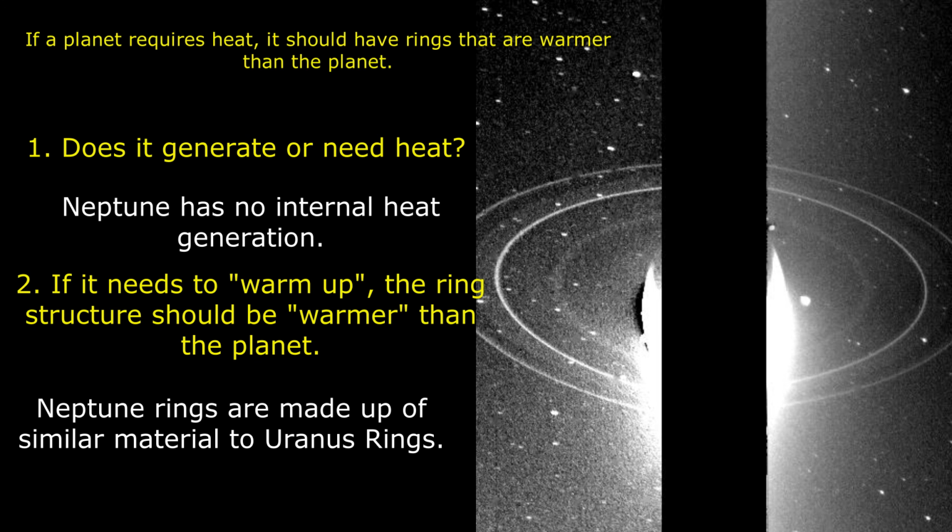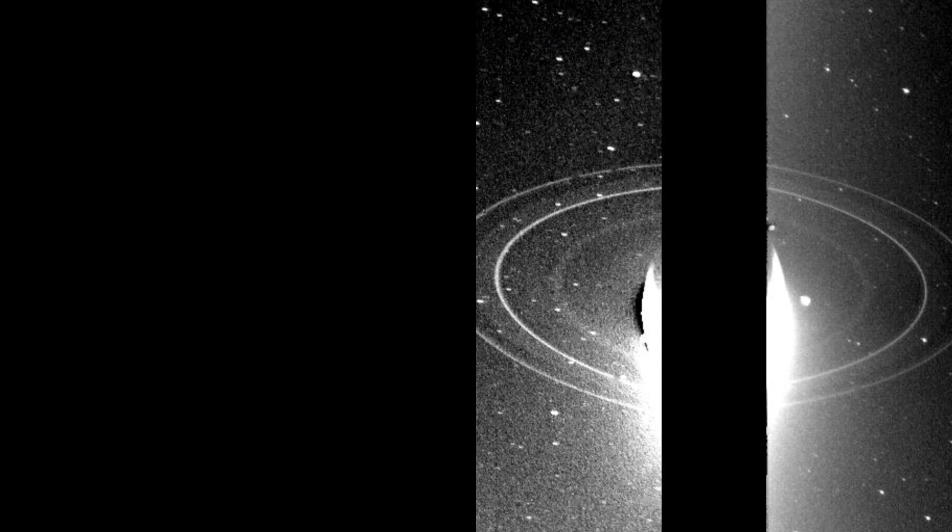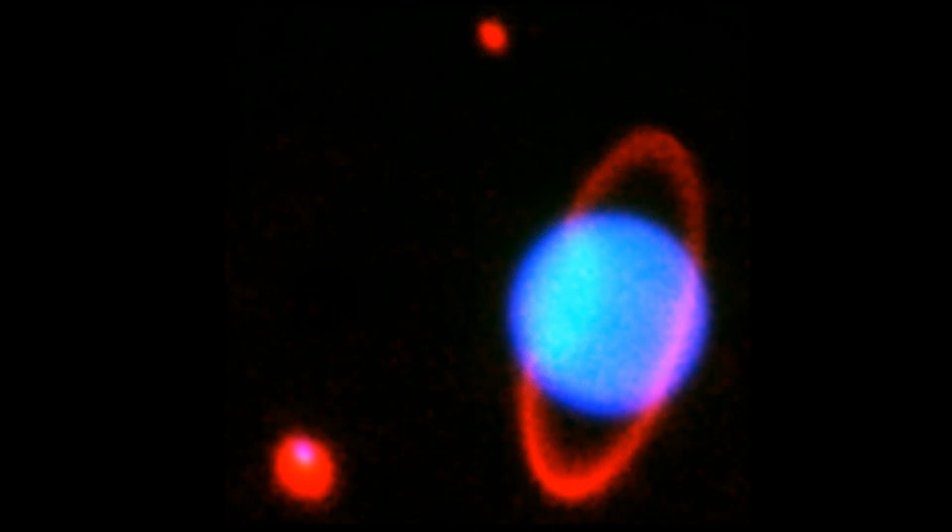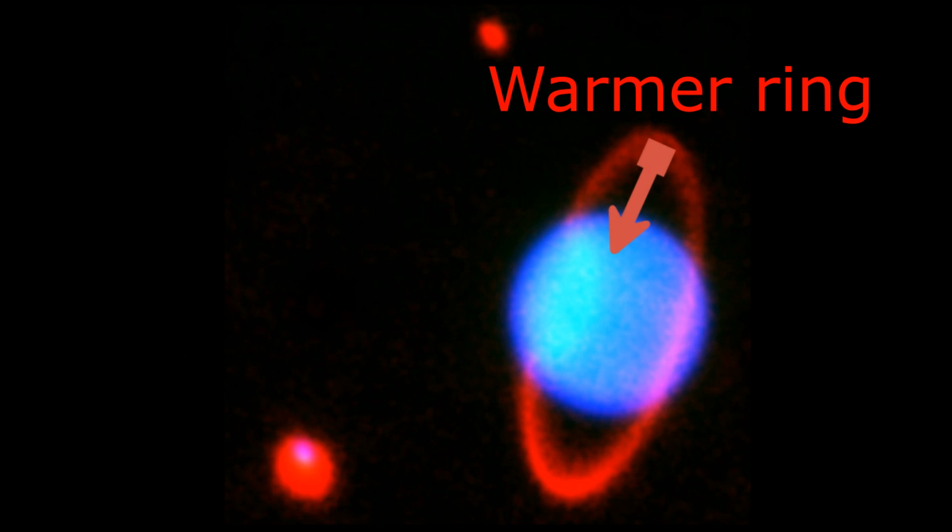I have a picture here of the reflectivity of the rings, but not a heat picture per se. Given that it's the same material as Uranus, we're going to say it acts the same way. Once NASA has better infrared pictures of the ring system, I can show them to you. But just use Uranus.